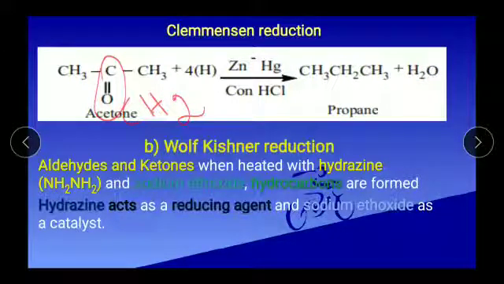The same way, one more reduction we are going to see, the Wolff-Kishner reduction. Here also aldehydes and ketones undergo reduction.